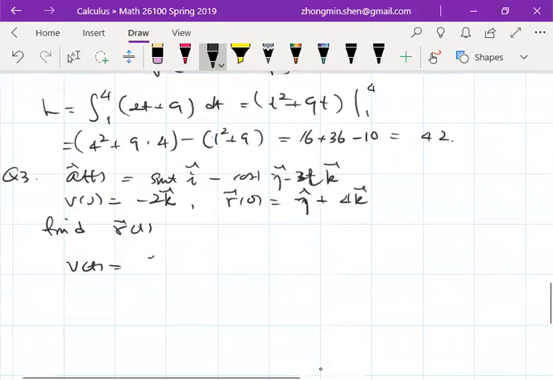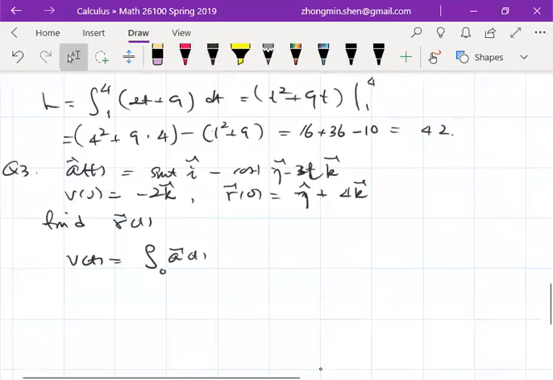So V(t) is going to be the integral of the acceleration. First of all, just integrate, and we determine the coefficients later.